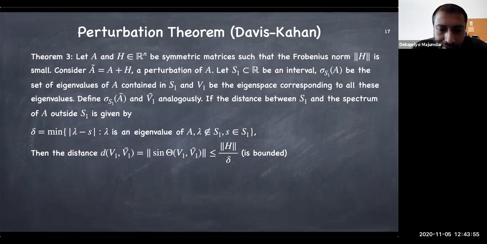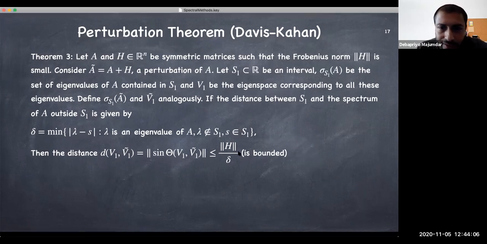So if you have a group of eigenvalues close to each other within this interval, and there is no other eigenvalue close to these, then the delta will be bigger. So then your norm H by delta is going to be actually small, right? So then the distance between two subspaces is bounded above.